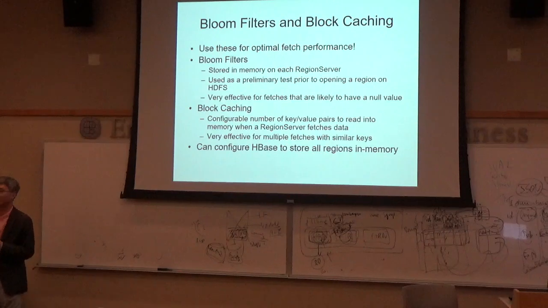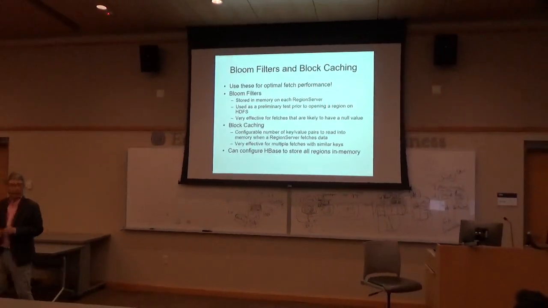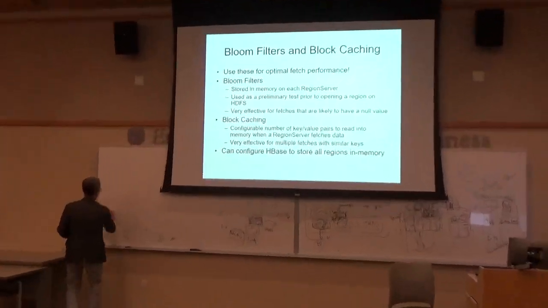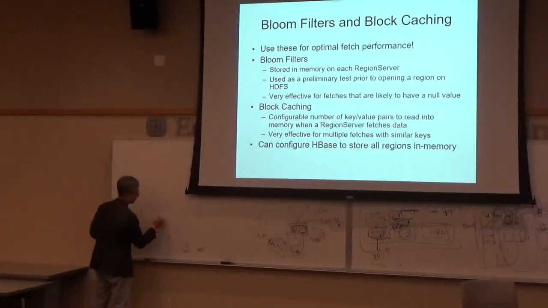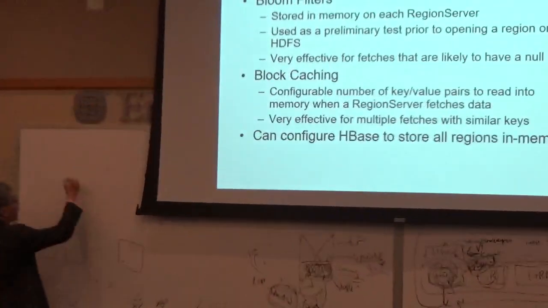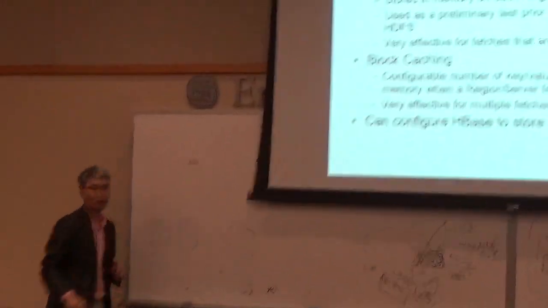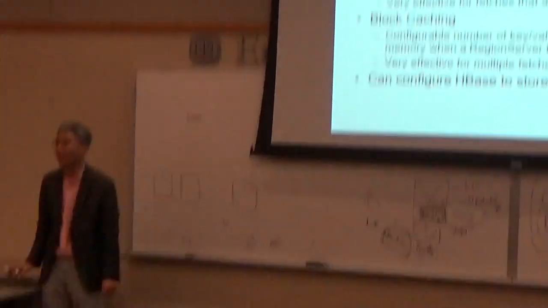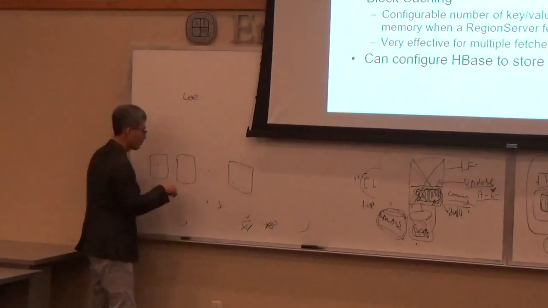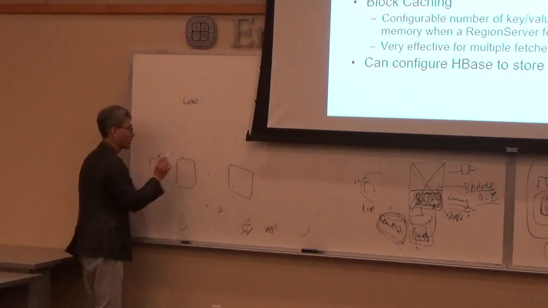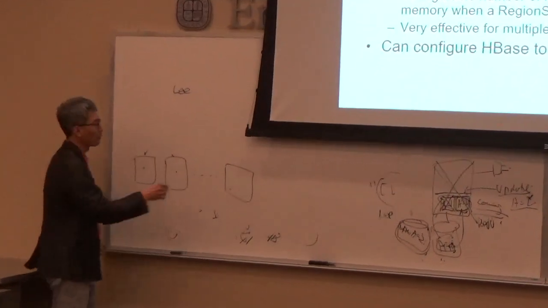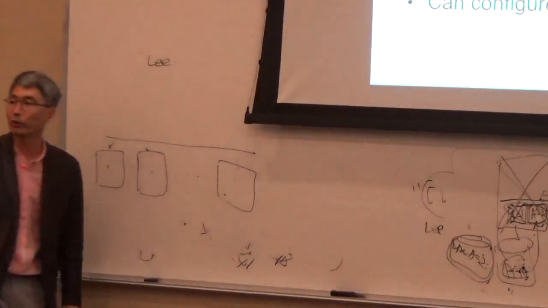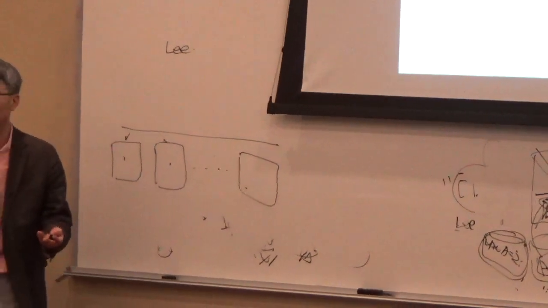The idea is filtering. So let's think we have a number of rooms. I'd like to find the student whose last name is Lee. It may be here, it may be here. So let's say it's here and here. To do that, we need to search all of the rooms. So it will take a time.